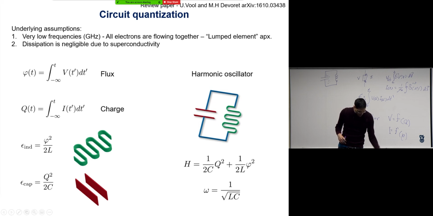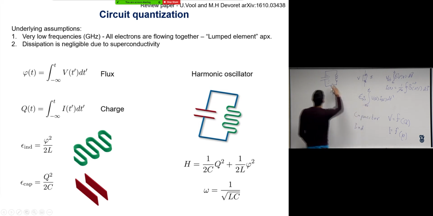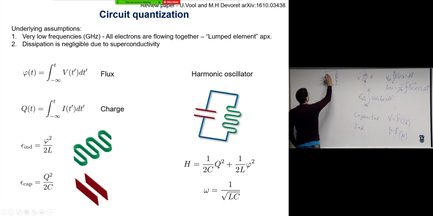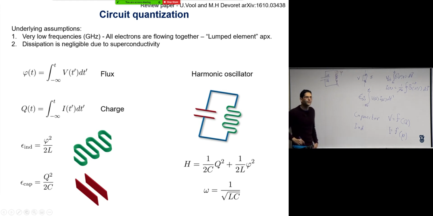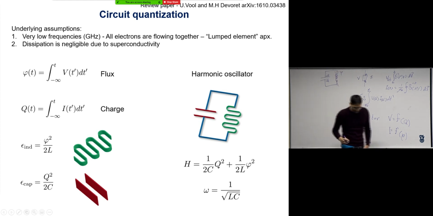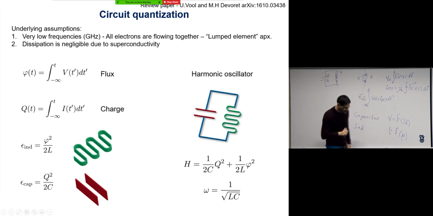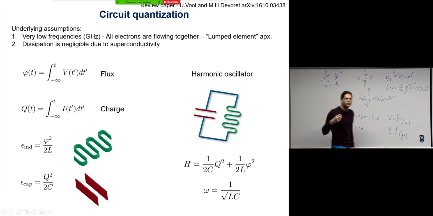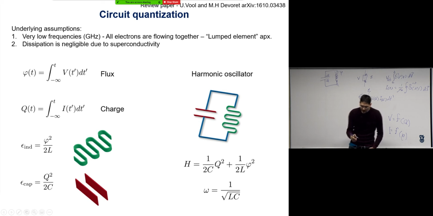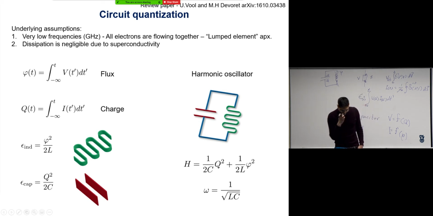To be a little bit more specific, if you think about this harmonic oscillator, then it will have some plus q charge here and minus q charge over here. And over here, you can think of some flux phi going through this harmonic oscillator. So the charge is kind of flowing backwards and forwards. And the energy stored in this inductor is exactly this phi squared over 2L that you can see.